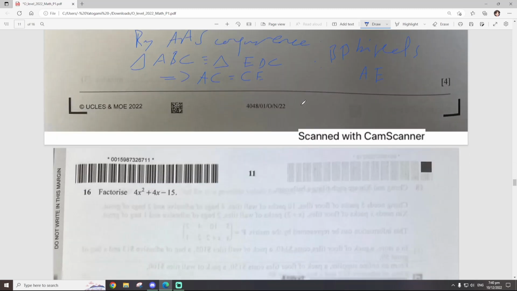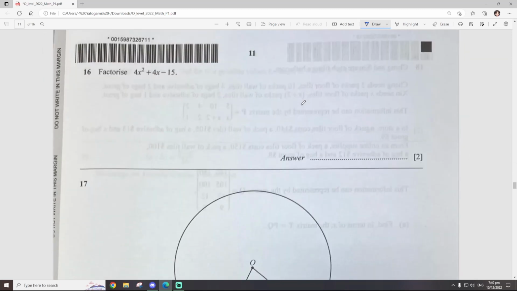Okay. Factorize the following. I'm surprised that they give 2 marks for this. You can do the table method, but essentially you're going to write this as 4x squared plus 10x minus 6x, then plus 5 and minus 3.